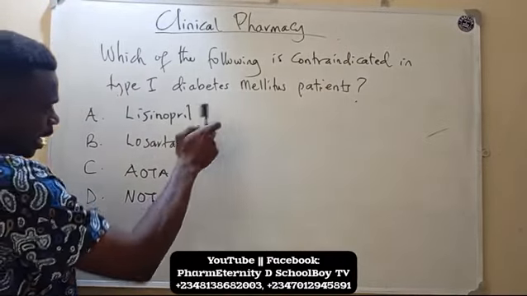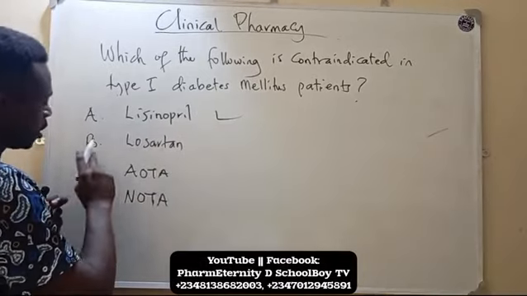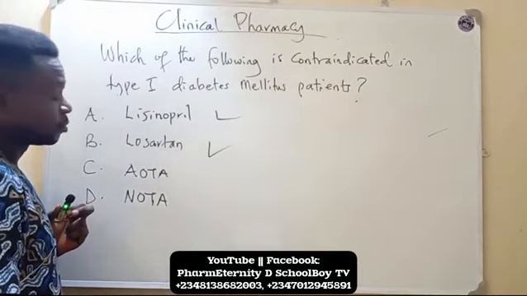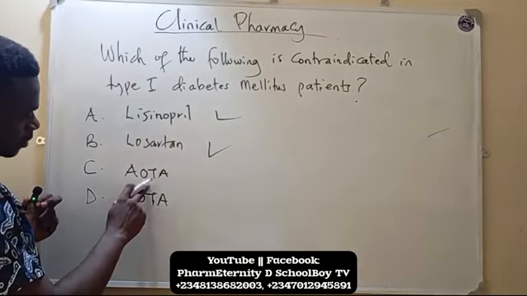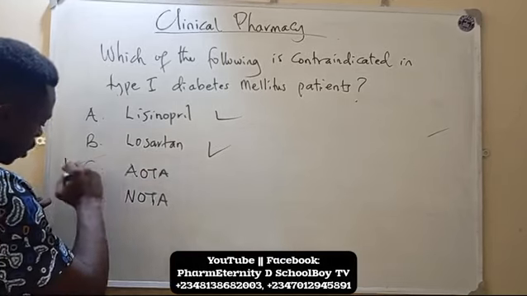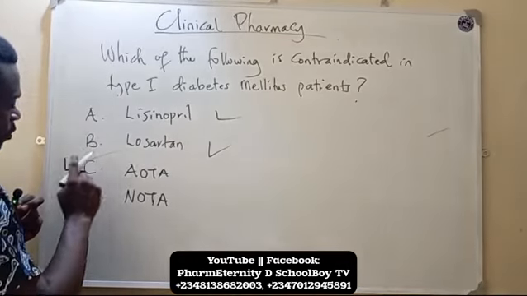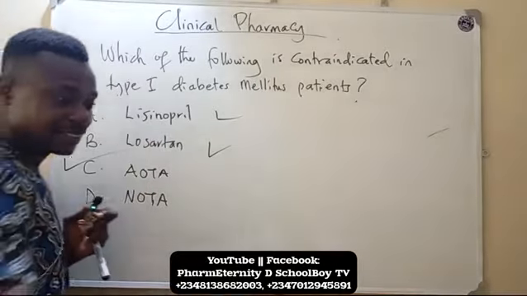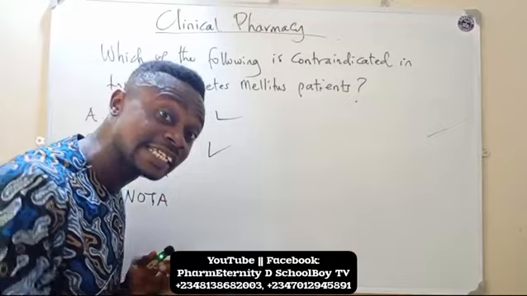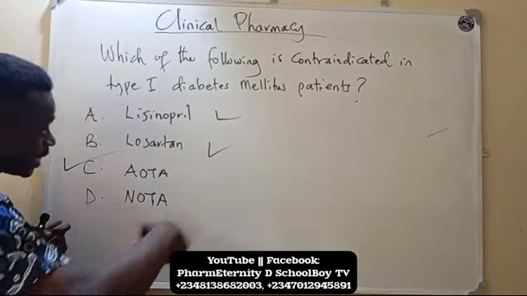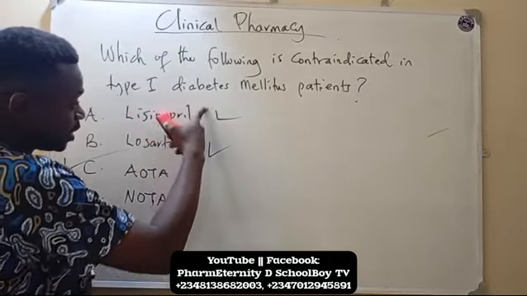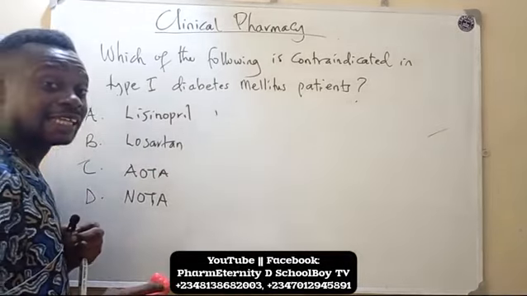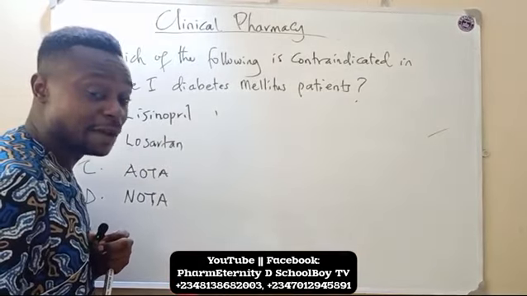So based on this little explanation, we can answer this question. Option A, I accept lisinopril. Option B, losartan, I accept losartan. That is ARBs. Then all of the above, good, I'll take all of the above. Sorry, the question says you can know something and still fail it in the exam if you're not careful. I agree that these two are the mainstay in treatment of hypertension in type 1 diabetes patients.